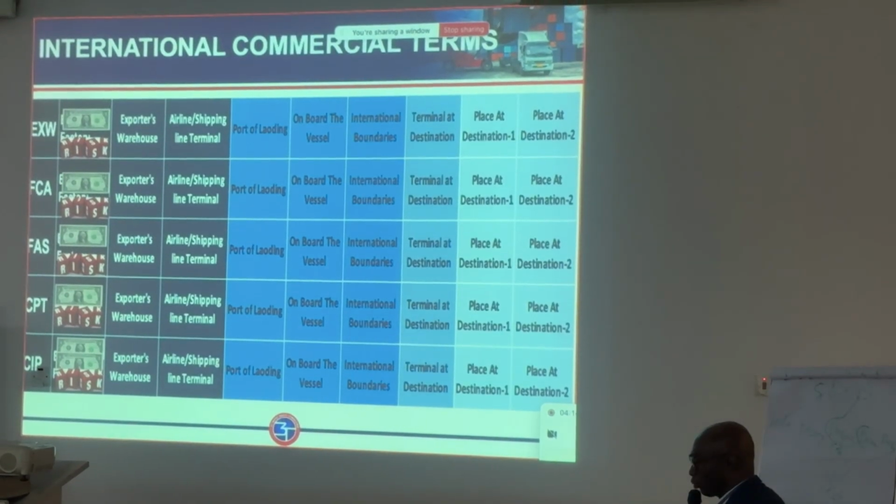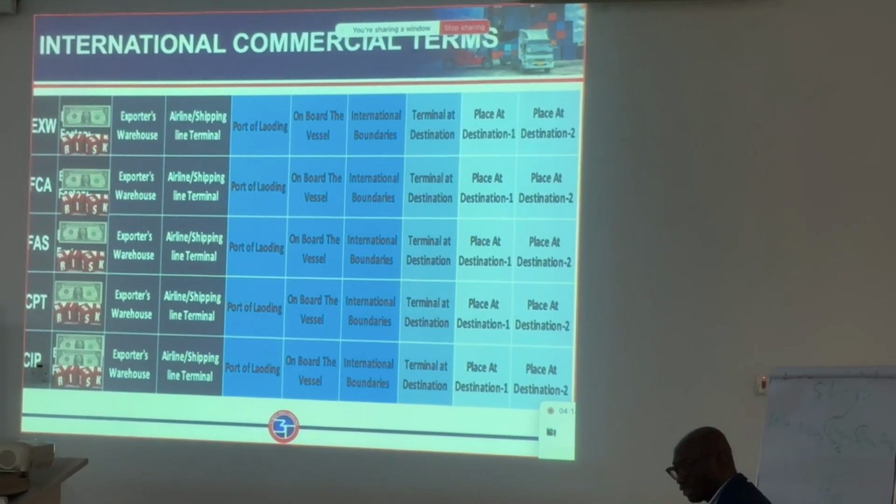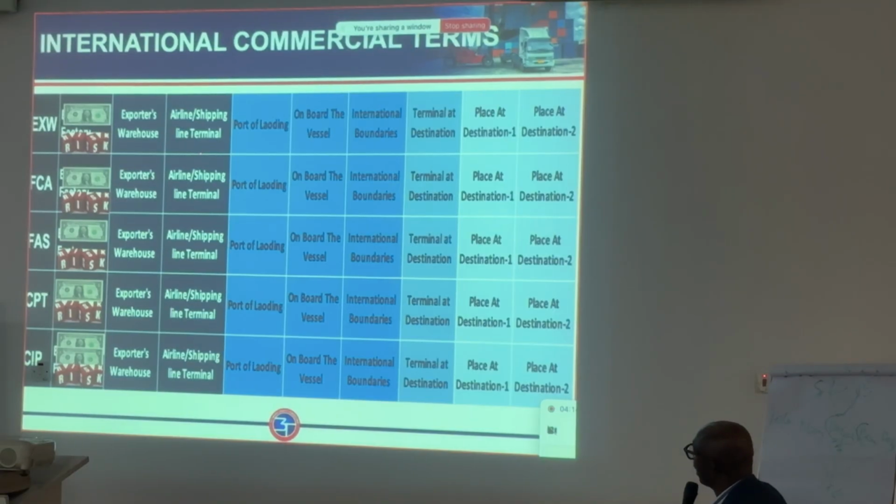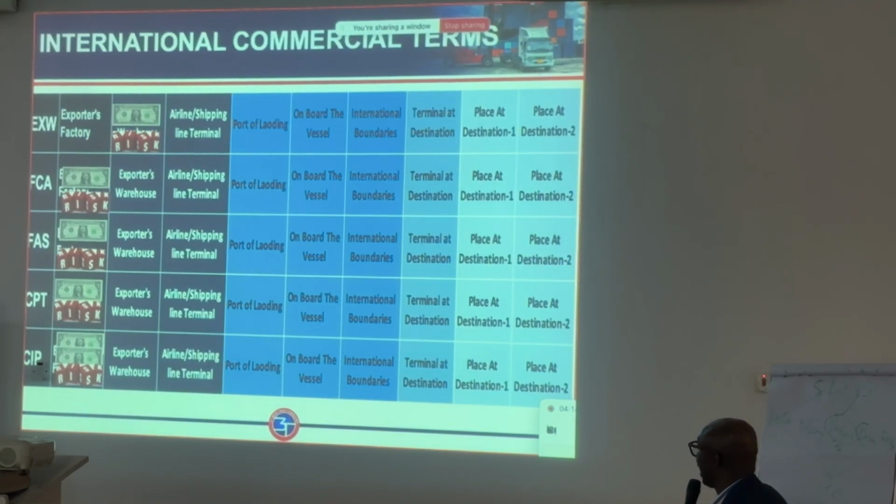If they agree EXW, the Nigerian importer will fly into China and pay for these goods while the goods are at the warehouse. As soon as the goods arrive at the warehouse, the risk and cost of the exporter has ended. The Nigerian importer is the one that will arrange for the moving of these goods from the warehouse to the port, clearing customs in China, and moving it to Nigeria.